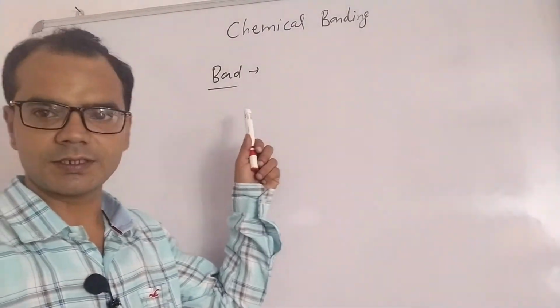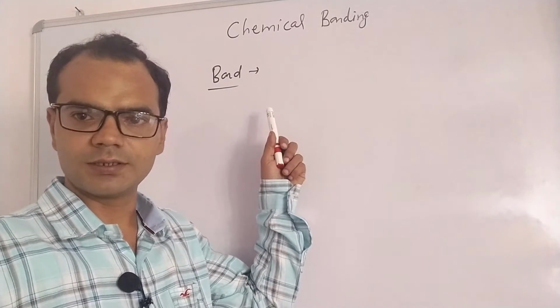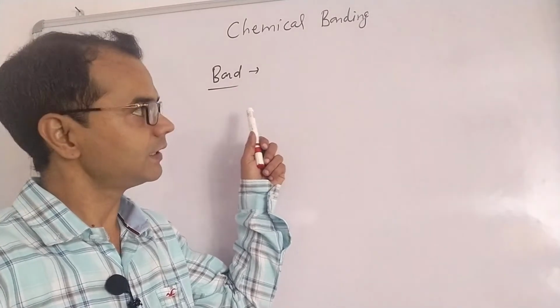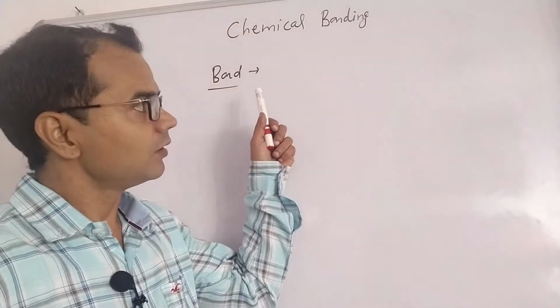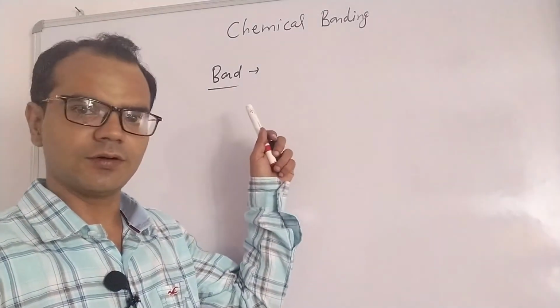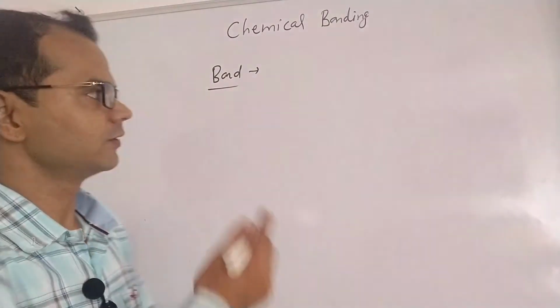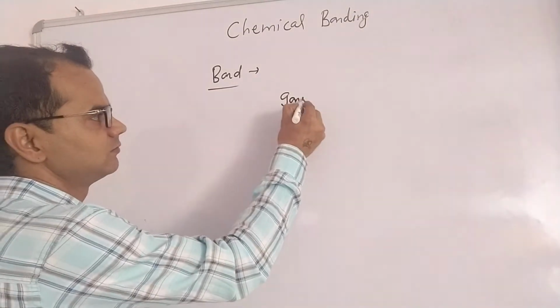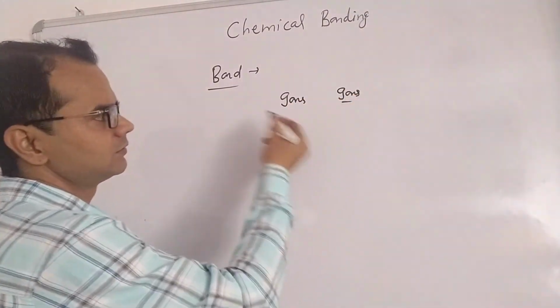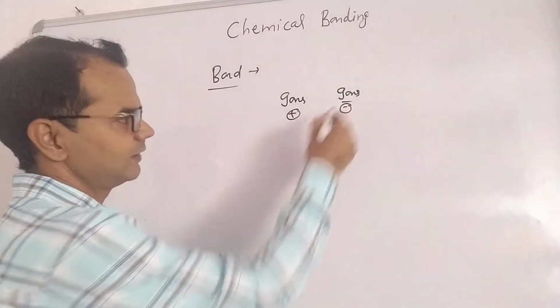It is the electrostatic force of attraction that holds together ions or atoms. For example, we have ions, either positively or negatively charged.